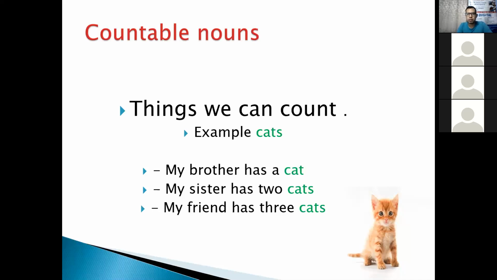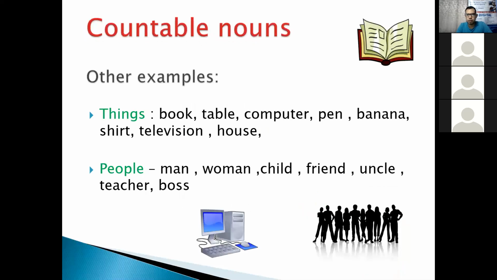Okay, let's look at some more examples. Other example, things. A book. I have here a notebook. It's countable. A book is countable. Let me see if I have something here. I have here a little book.